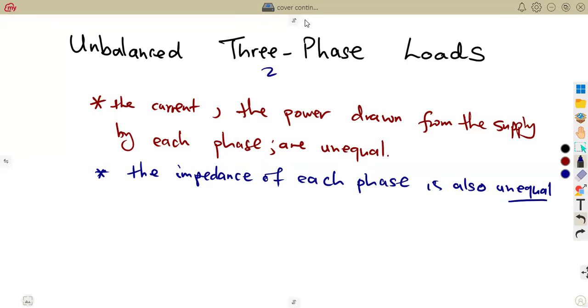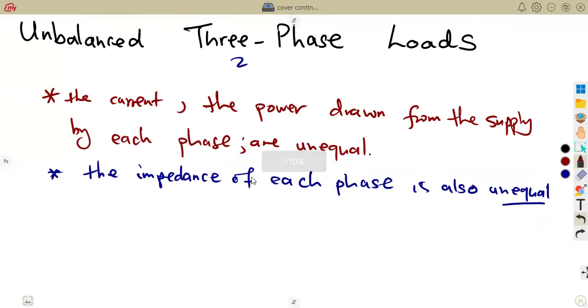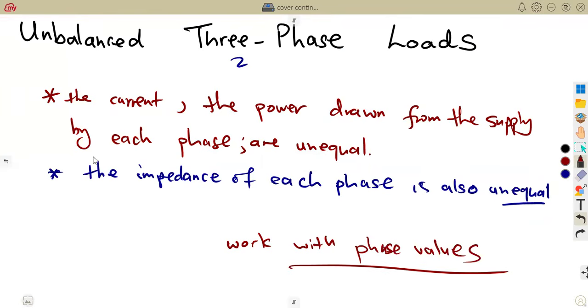So with these loads, as we have that these are different, the calculations thereafter are going to be just as you have for a single phase. You treat your calculations for three-phase unbalanced loads just like for single phase, meaning you work with phase values.